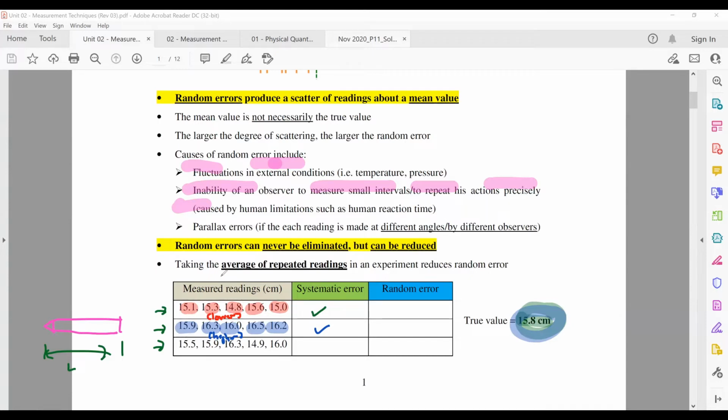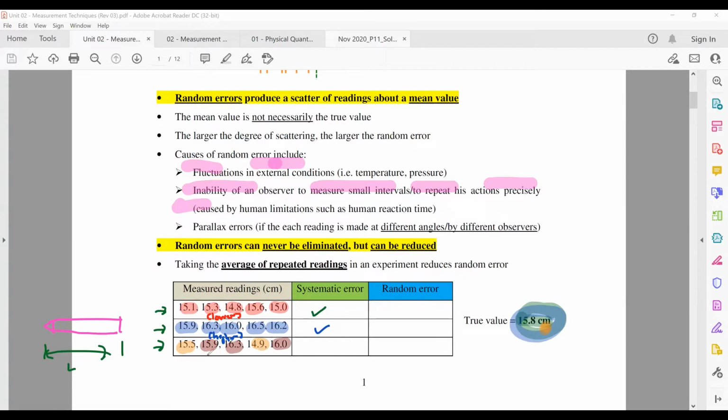If you look at the third set of readings, you will see that 15.5 and 14.9 are below the true value. But 15.9, 16.3, and 16.0 are actually above the true value.